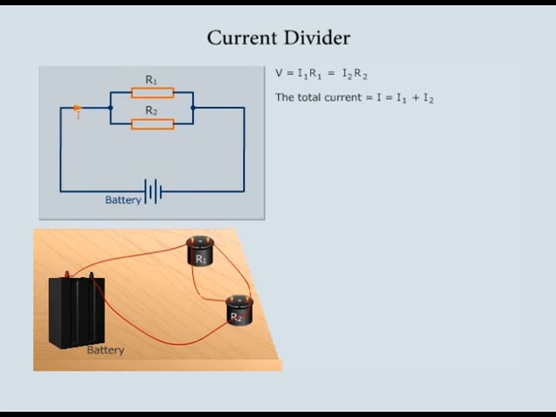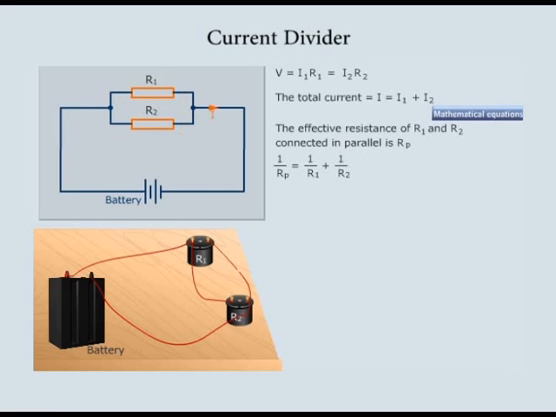The potential difference across the parallel combination of R1 and R2 is also V. The effective resistance of R1 and R2 connected in parallel is Rp. 1/Rp = 1/R1 + 1/R2. Rp = R1R2/(R1 + R2).